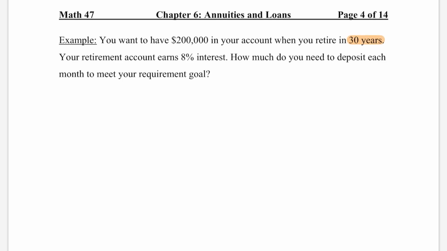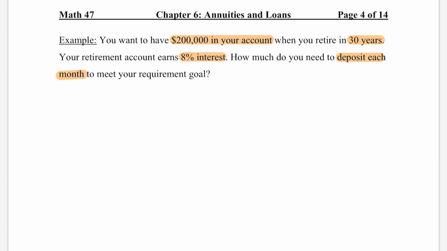And when I retire in 30 years, I want to have $200,000 in my account. And my retirement account is paying me 8% interest each year. The question is, how much do I need to deposit each month in order to have $200,000 in the account when I retire?